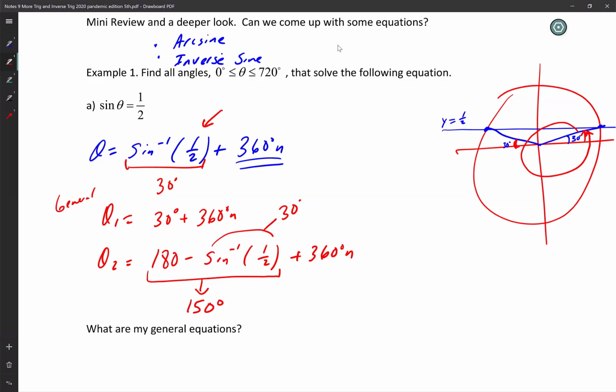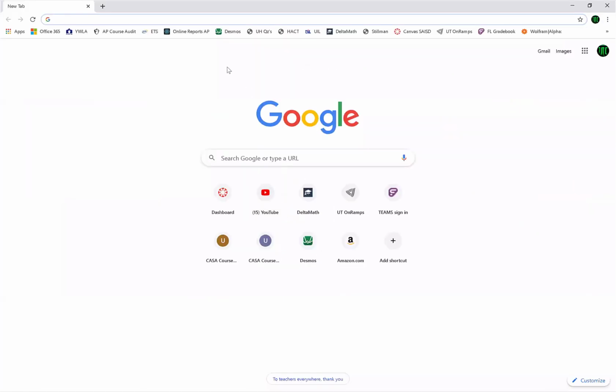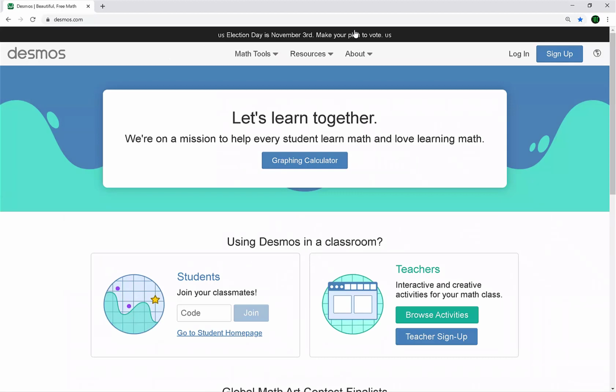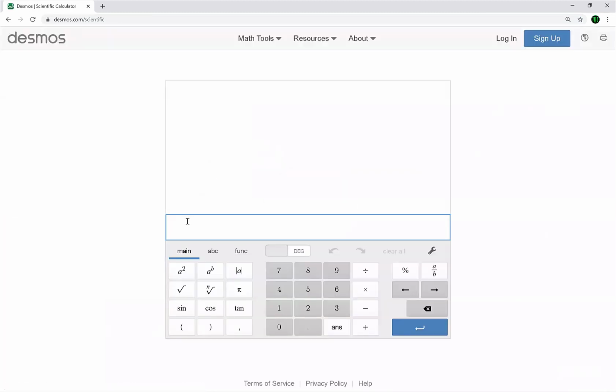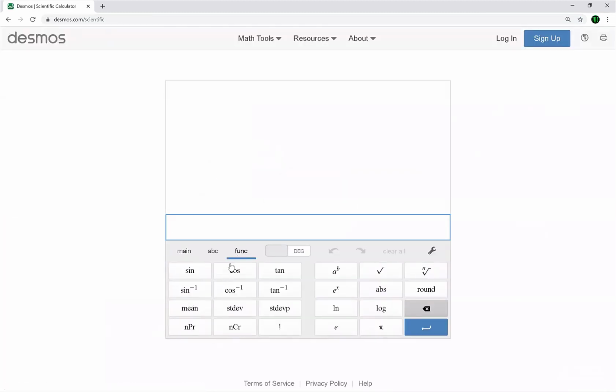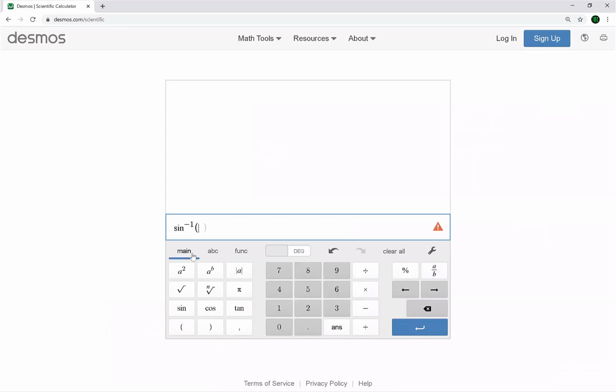So I'll show you what I mean. Let me go ahead and share my Desmos. So I'm going to share. At the moment, it's not on Desmos, but it will be. Okay, it looks like it's working pretty good today. I want a scientific calculator. So now if I click arc sine, and if I type in a half, Desmos gives me 30.